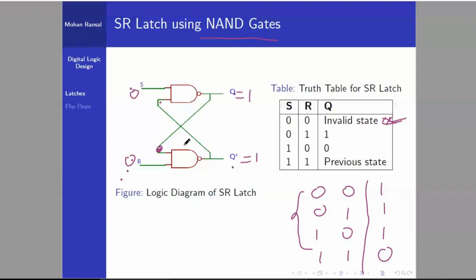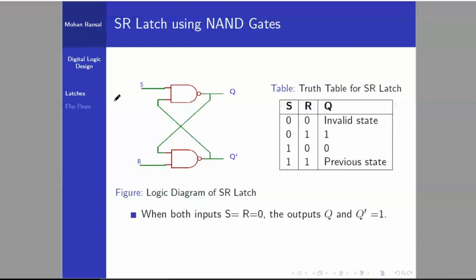Now come to the second case: S is 0, R is 1. You know, if any input of the NAND gate is 0, the output is 1. So if this is 0, it will always be 1. So this Q is 1, which means this input of the next gate is also 1. If both inputs of a NAND gate are 1, what is the output?